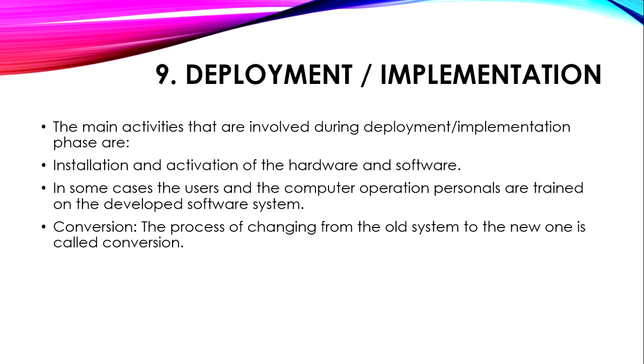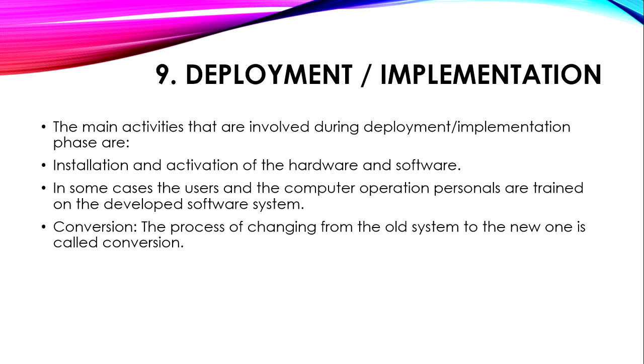Deployment and implementation phase methods. The first method is direct implementation. In this method, the old system is completely dropped and the new system is completely implemented at the same time. Parallel.